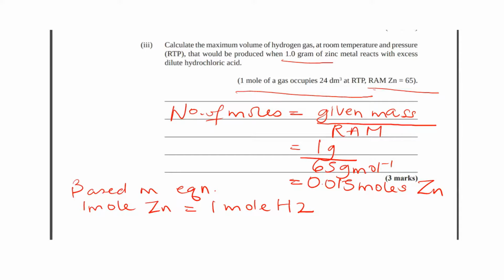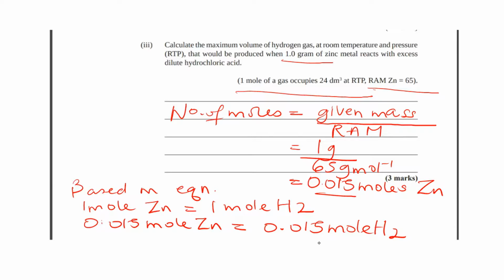If 1 mole of zinc is equal to 1 mole, it's 1 to 1, then what you just calculated here, 0.015 mole of zinc must be equal to 0.015 mole hydrogen gas.